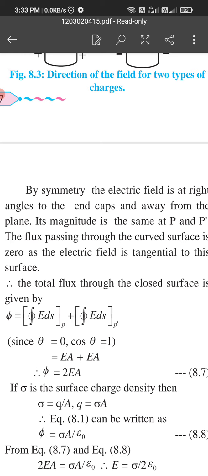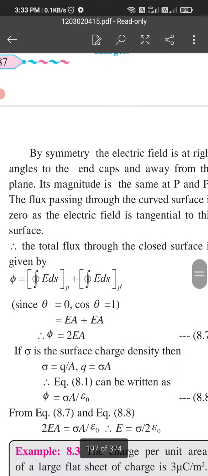Substituting the value of phi from 8.7, 8.8 can be written as 2EA is equal to sigma A upon epsilon naught. A gets cancelled. E is equal to sigma upon 2 epsilon naught.